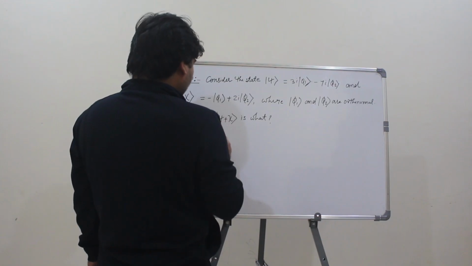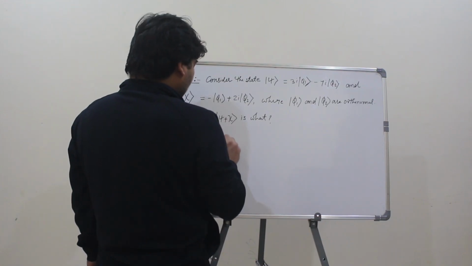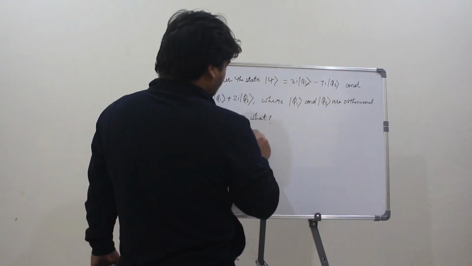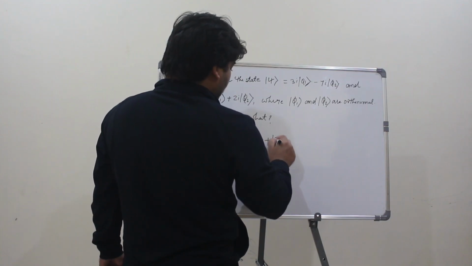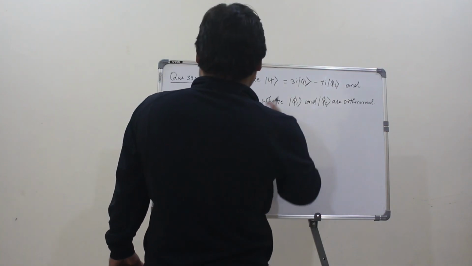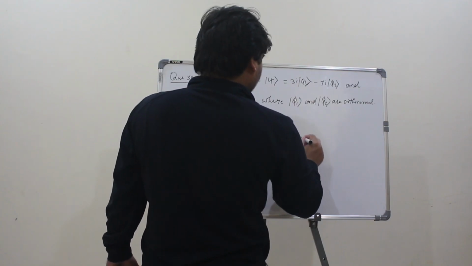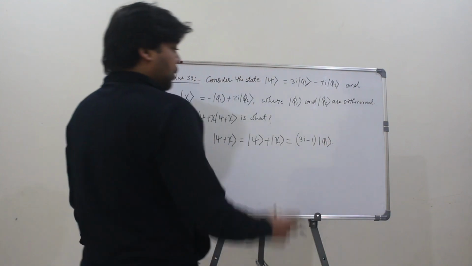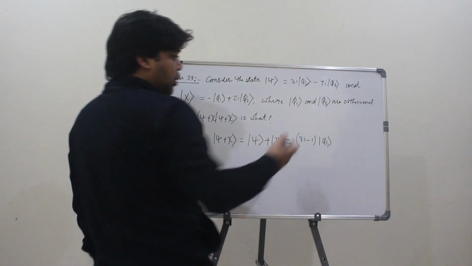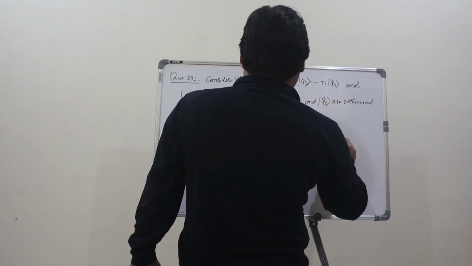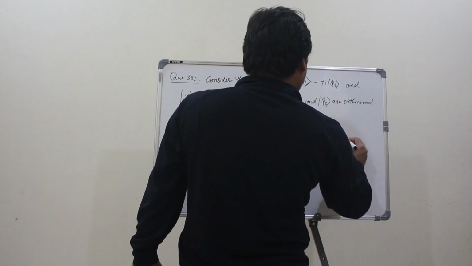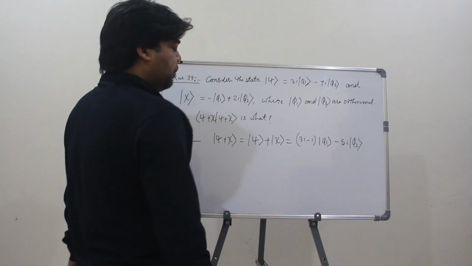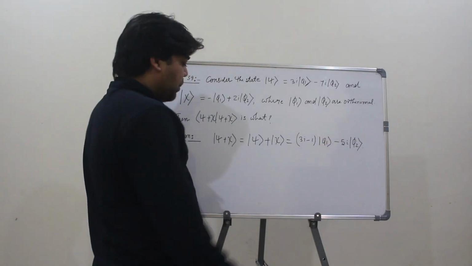So psi plus chi is nothing but the sum of psi plus chi, which is 3i minus 1 phi 1, right? 3i and minus 1 phi 1 add, and phi 2 adds. So minus 7 plus 2, which is minus 5 phi 2, right? So this is your psi plus chi.